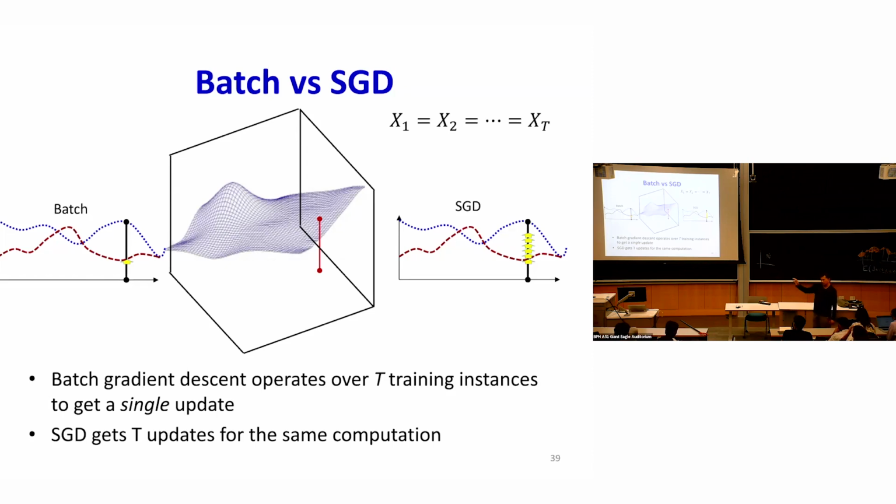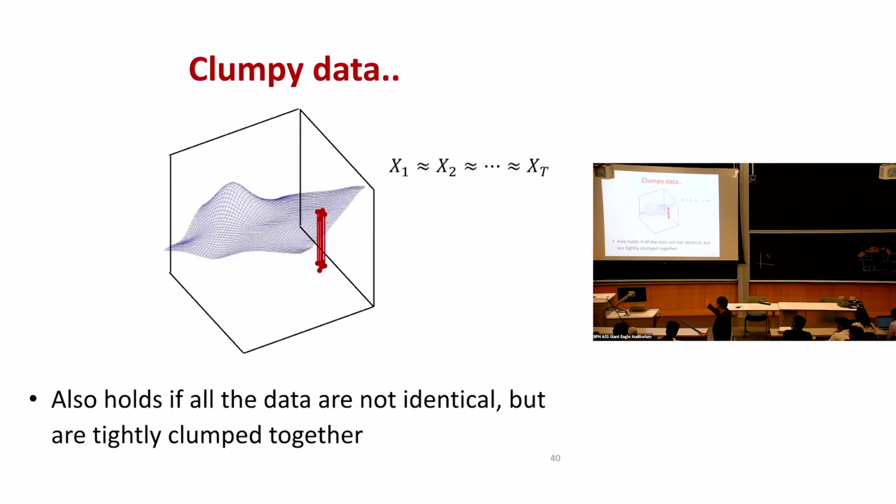Now, this is for the extreme case where all the training data samples are exactly identical. But instead of being exactly identical, if all of them were perturbed a little bit, would this change the picture a whole lot? No, right?